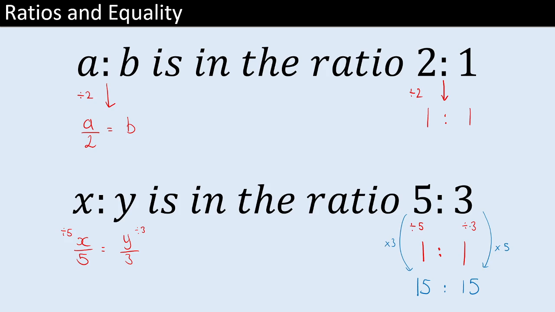Now, you can see what's gone on here. Instead of dividing by 3 on the right-hand ratio, I have timesed by 3 on the left. Instead of dividing by 5 on the left, I've timesed by 5 on the right. There's like a little opposites thing going on here. And what I would have for that is taking the x, timesing by 3 would give me 3x, equals taking the y and timesing it by 5.